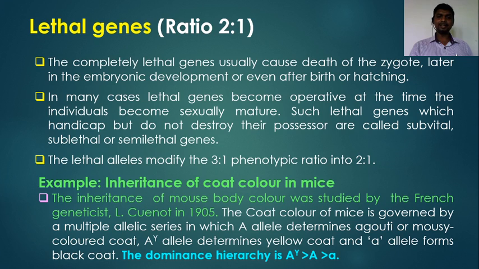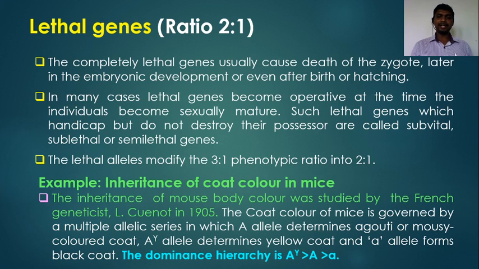So the capital A allele determines the agouti or mousy colored coat, while capital A^Y allele, Y stands for yellow, determines yellow coat, and the small a allele forms black coat. So here there are three different varieties of coat color in mice. One is agouti or mousy colored, another is yellow colored, and the third is black colored.